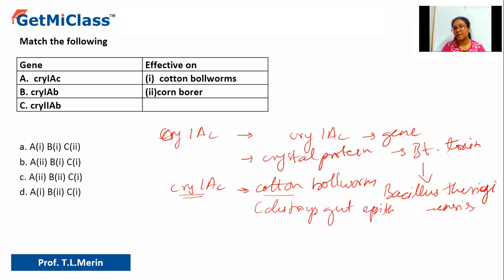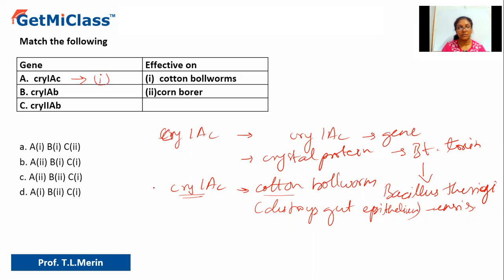Not only cotton bollworms, in this case it is cotton bollworm, but there are other insects also. If they ingest this bacteria or this protein, then they will die because the gut epithelial cells will be destroyed. Okay, so the first one is what? Cry1AC. It will be effective against cotton bollworm.